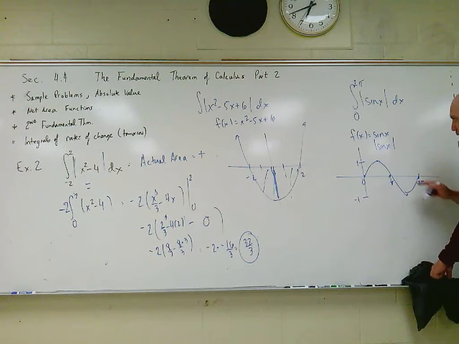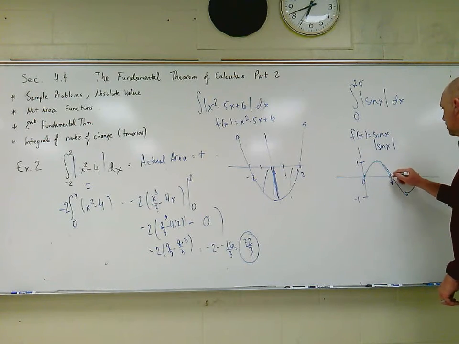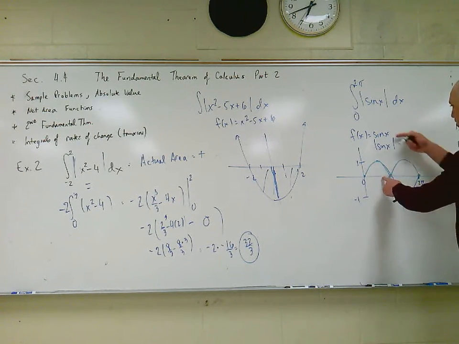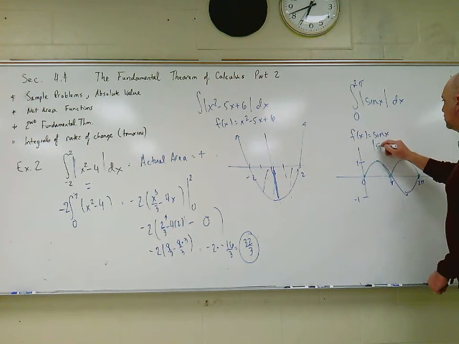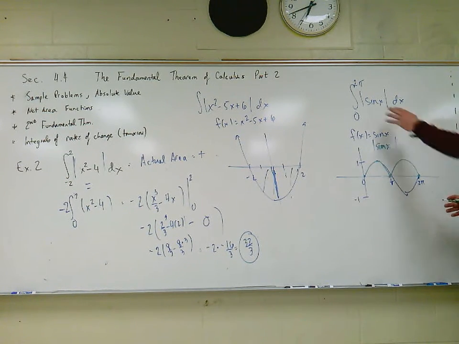So right now, blue is the sine of x, but it's going to do this. The green is technically absolute value sine of x, if we look at it like that. But we don't want to integrate with bars, okay? Because I don't have a way to integrate if I have the bars there.